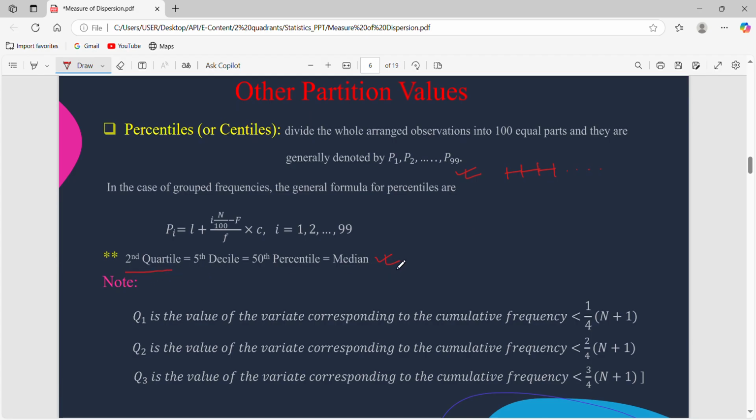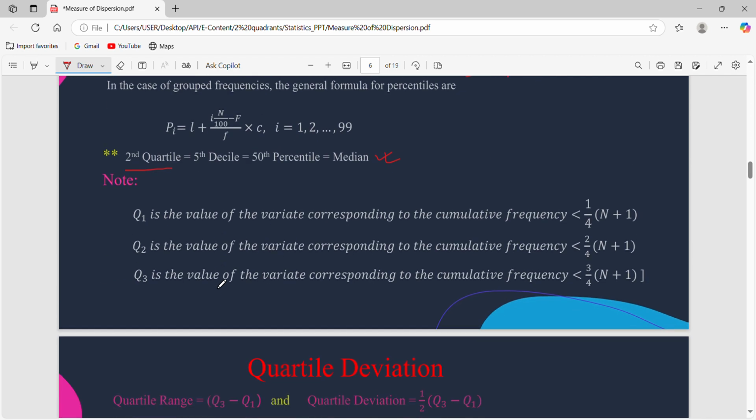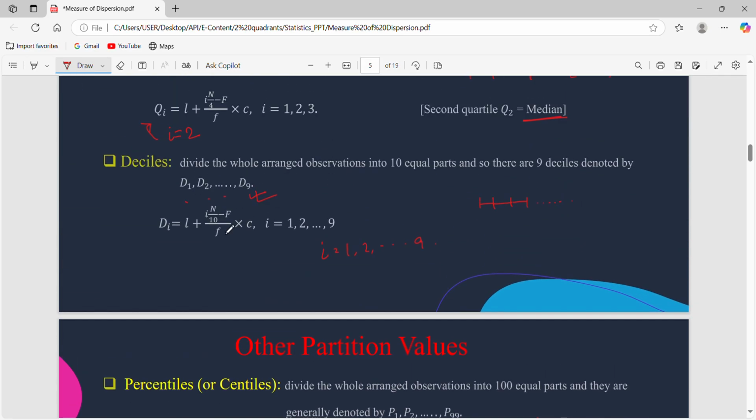Same way for this side, by putting which value will we get the formula of Q2? Go back to the previous slide: by putting i equal to 5 in this formula, we will get Q2.